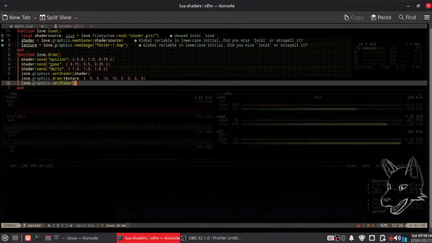Because the brightness is along the 111 axis. I forget how to do the change of basis. I could look it up.